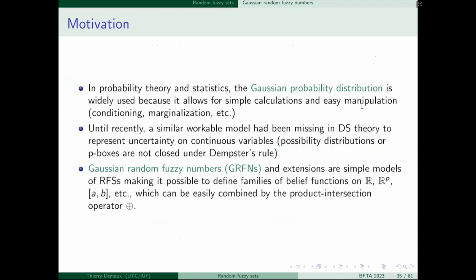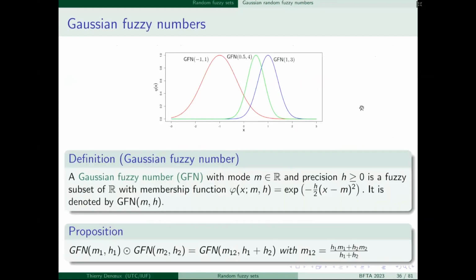It's a very convenient model, and now with this, we can easily apply belief functions to problems with continuous variables. By the way, in engineering, many model parameters are real, continuous. So it was a serious limitation until now that we could not apply Dempster-Shafer theory to problems like this.